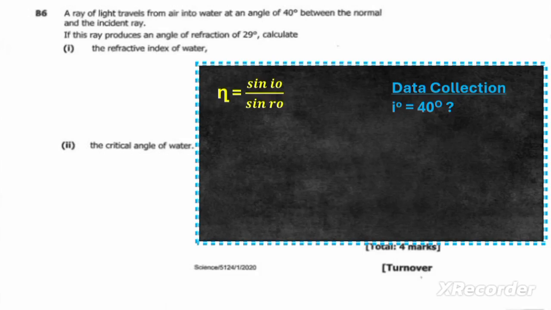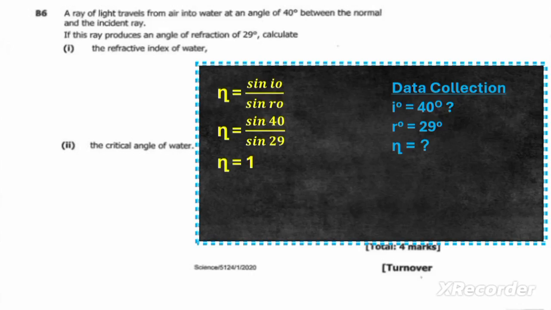So the incidence angle is 40 degrees. Then the refractive angle is 29 degrees. Let us plug in these values: sine 40 degrees divided by sine 29 degrees.